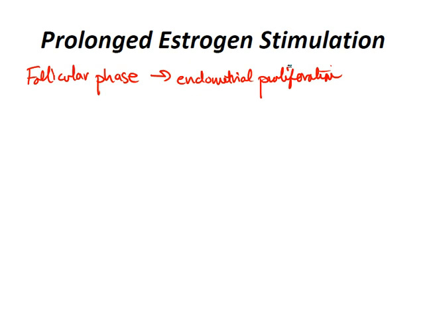Now, prolonged estrogen stimulation can occur in many ways. An increased time span of menstruation, usually in early menarche, late menopause, nulliparity, chronic anovulatory menstruation. Endogenous or exogenous estrogen sources include ERT or estrogen replacement therapy, estrogen oral contraceptive pills, or granulosa cell tumor of the ovary, which we talked about, secretes estrogen.